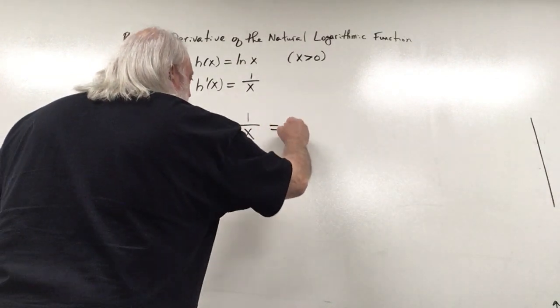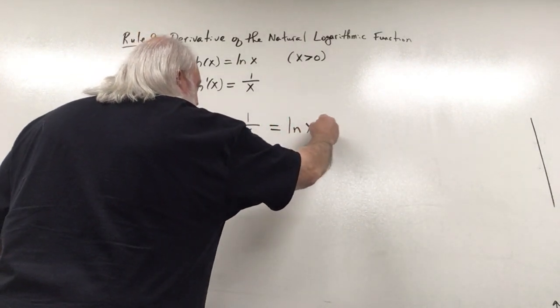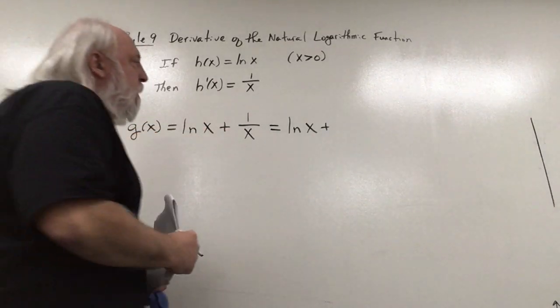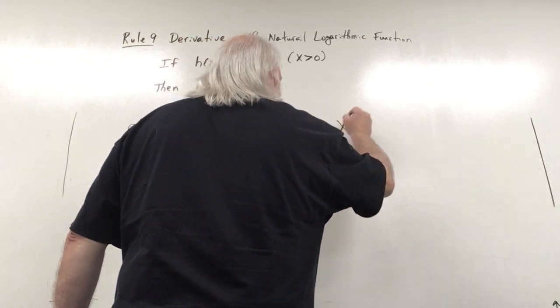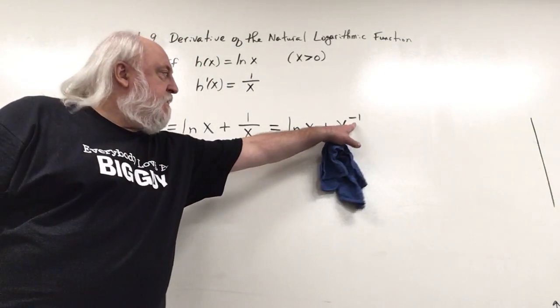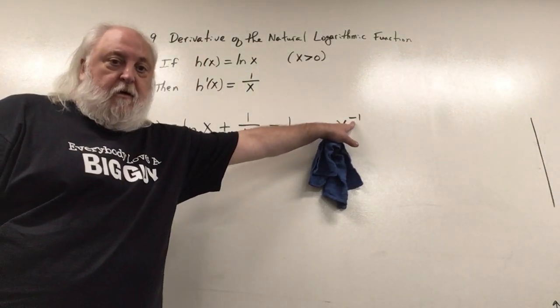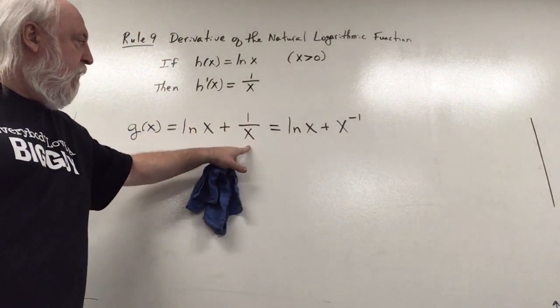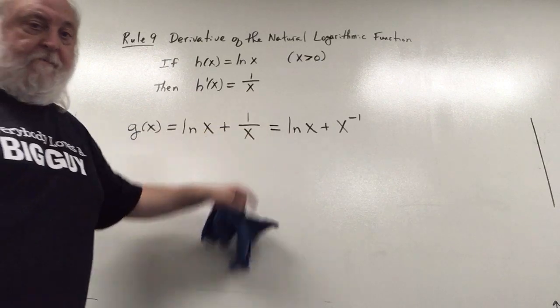And so we're going to rewrite this: the natural log of x plus 1 over x is the same as x raised to the minus 1 power. Remember, the minus sign in the exponent means reciprocal, so x to the minus 1 is the same as 1 over x to the first power.